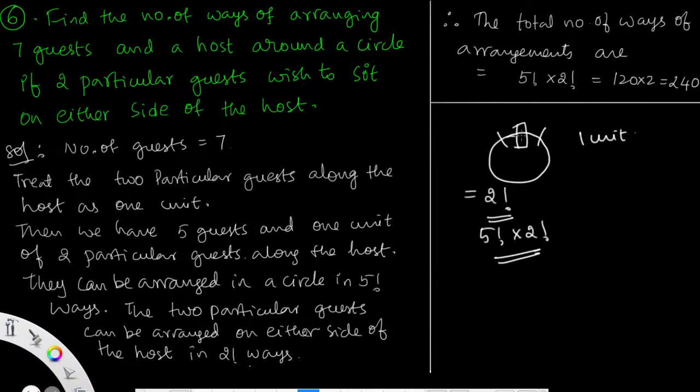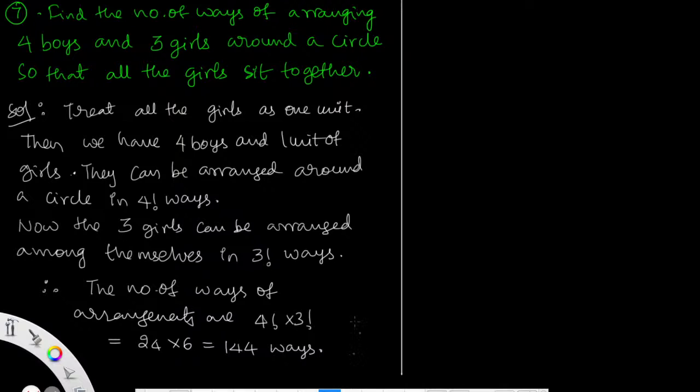Then the remaining are 5 guests. So 5 guests and 1 unit of 2 particular guests. Then it is arranged in the circular way, which means 5 factorial ways. And the two particular persons can be arranged on either side of the host in 2 factorial ways. Therefore, the total number of ways is 5 factorial into 2 factorial. This is question number 6. Then go to the 7th.